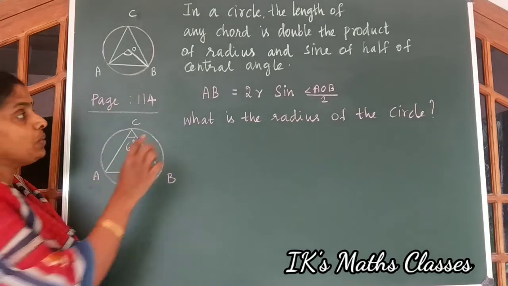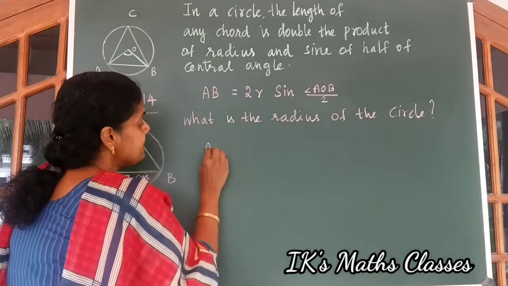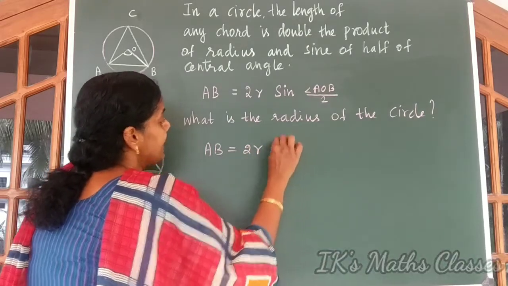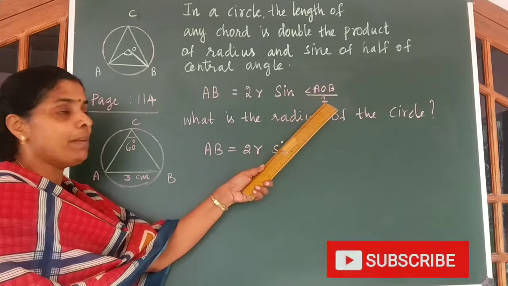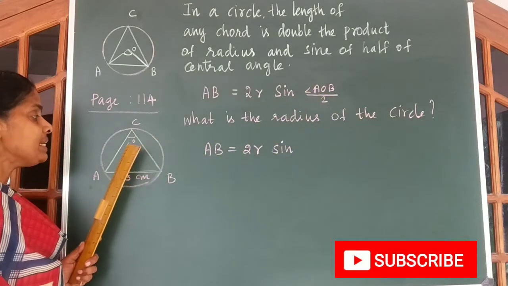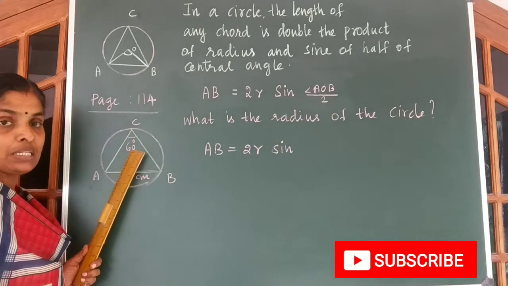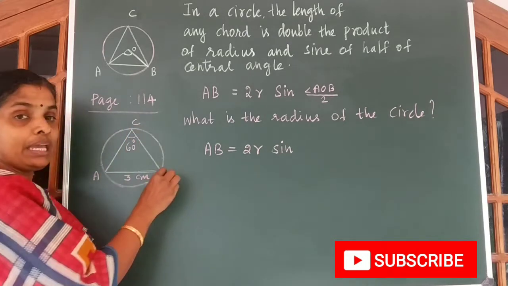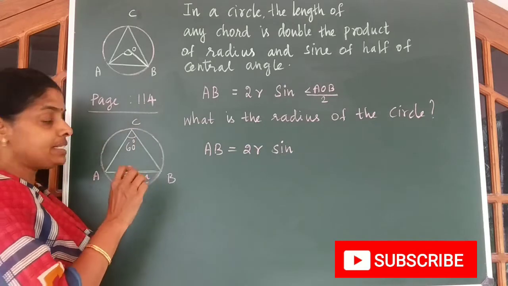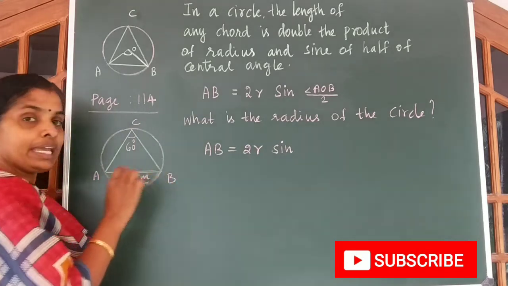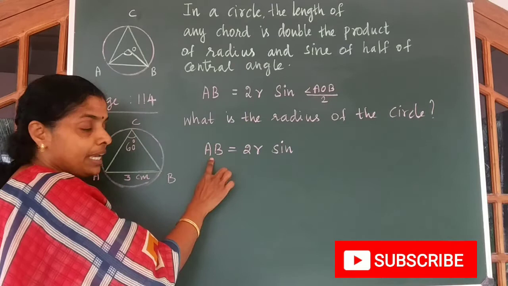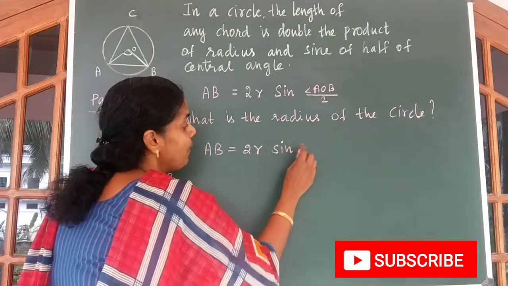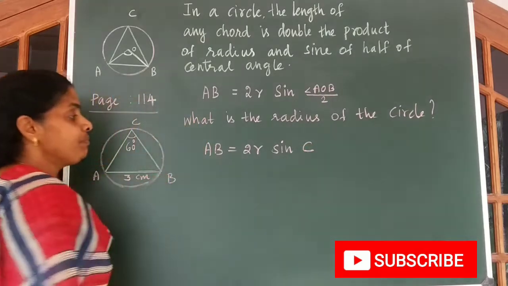Let us use this formula: AB is equal to 2r sine of the central angle by 2, which is nothing but 60 degrees, because we know the angle ABC will be equal to half the central angle of the chord AB. So here we can use the formula AB is equal to 2r sine C.